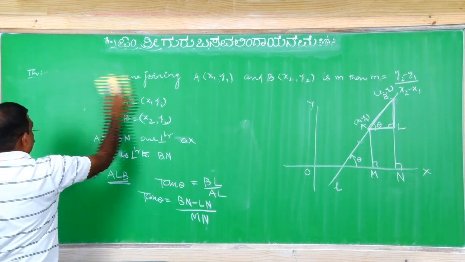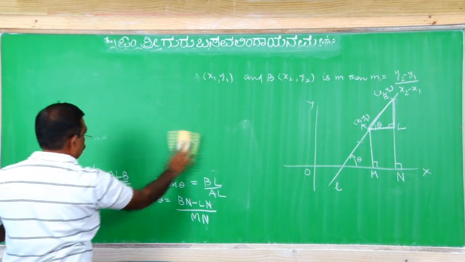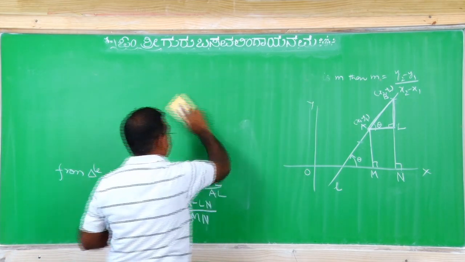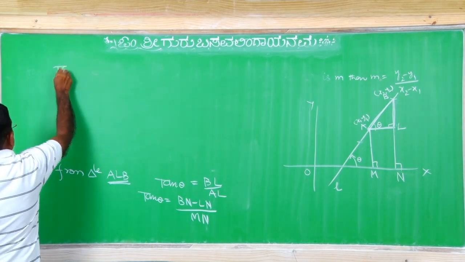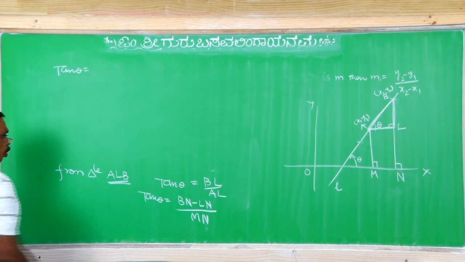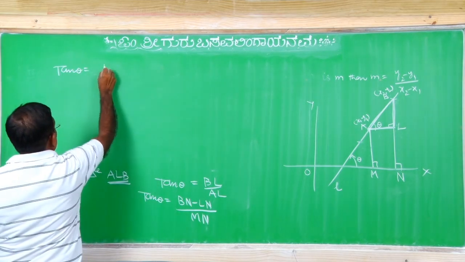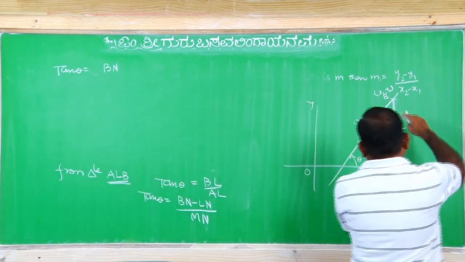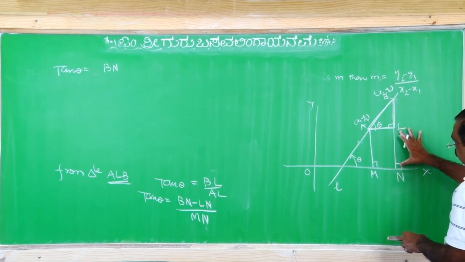Next, I want to rub this part. Next, tan theta is equal to BN. Where is BN? This is BN. See this side, all of them. This is BN, LN.